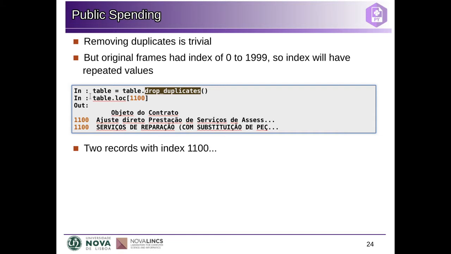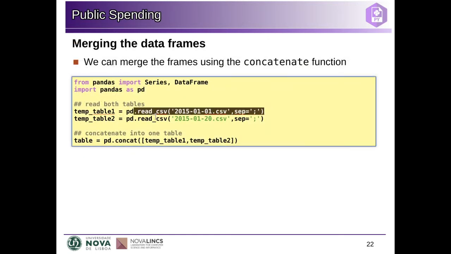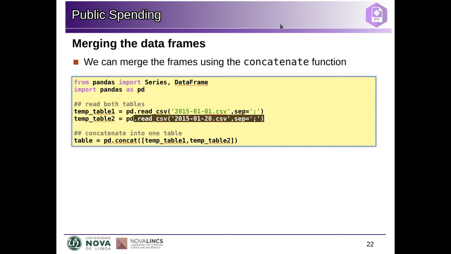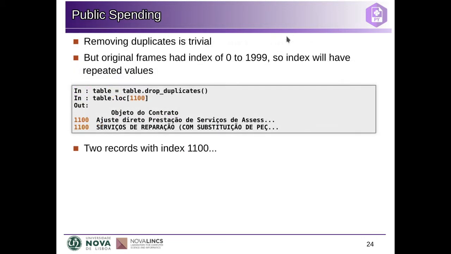But now if we ask for the entry corresponding to index 1100, for example, we get two different entries, because there is one entry with this index from the first file and another that came from the second file, because when the files were loaded, the indexes were created at that moment. So what we can do to get rid of that problem is to simply recompute the index.